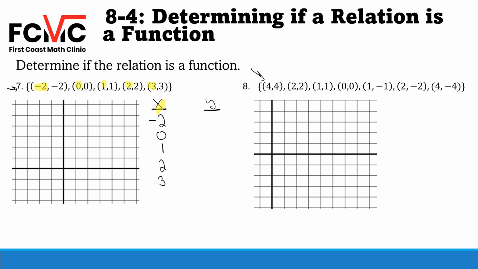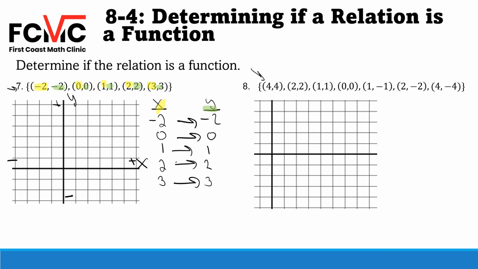And our y coordinates are the second values. So we've got -2, 0, 1, 2, and 3. -2 is paired with -2, 0 and 0, 1 and 1, 2 and 2, and 3 and 3. So if I graph these, this is my x-axis, this is my y-axis, this is my positive direction, negative, positive, negative.